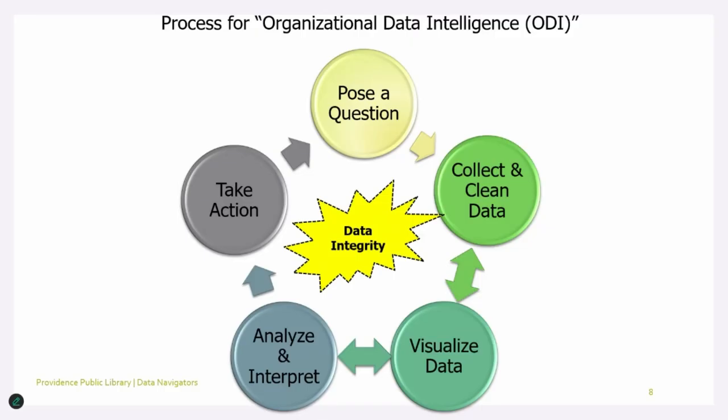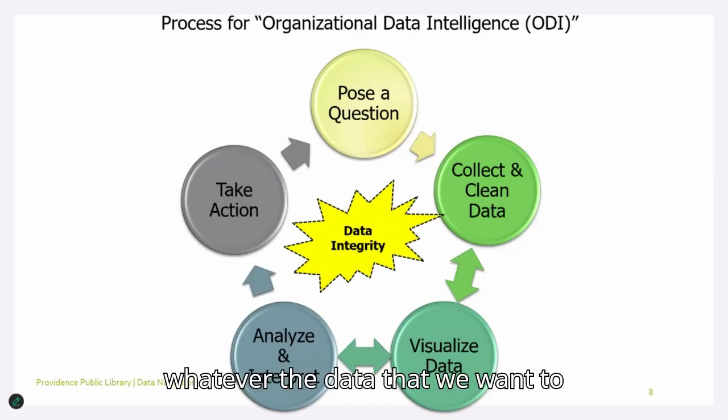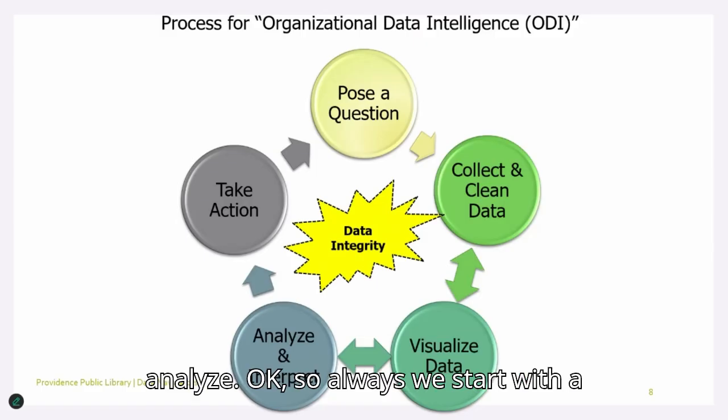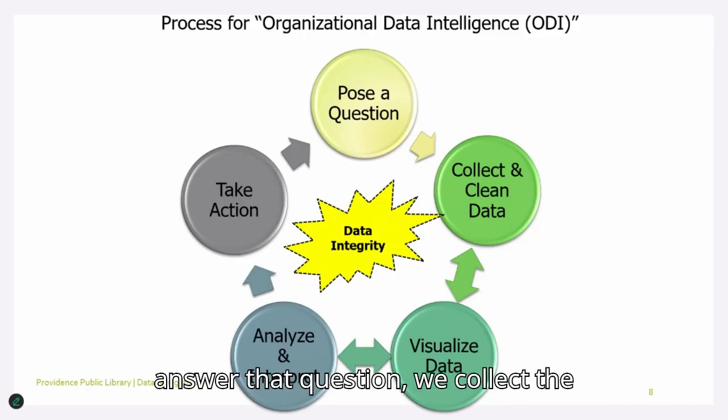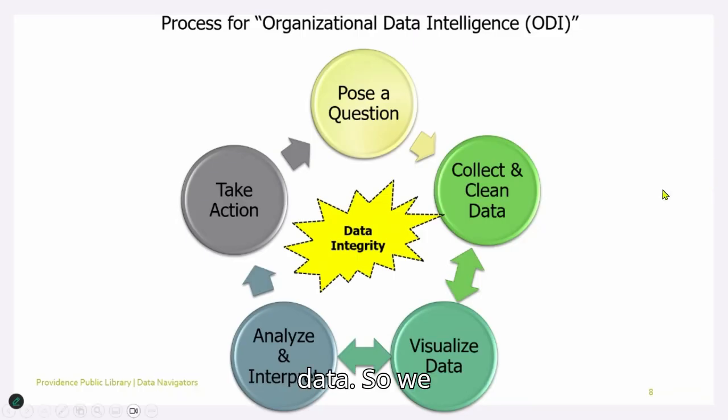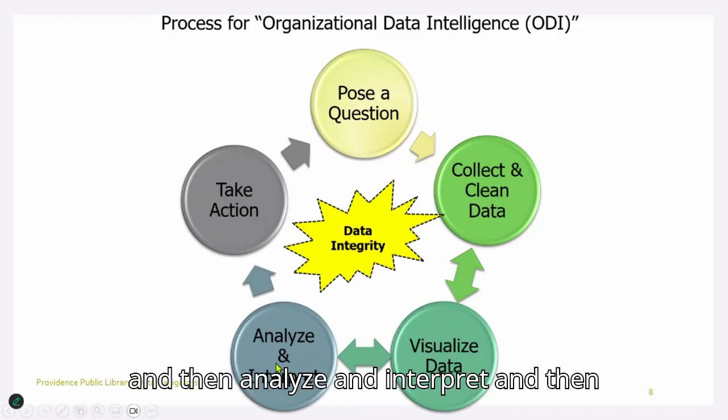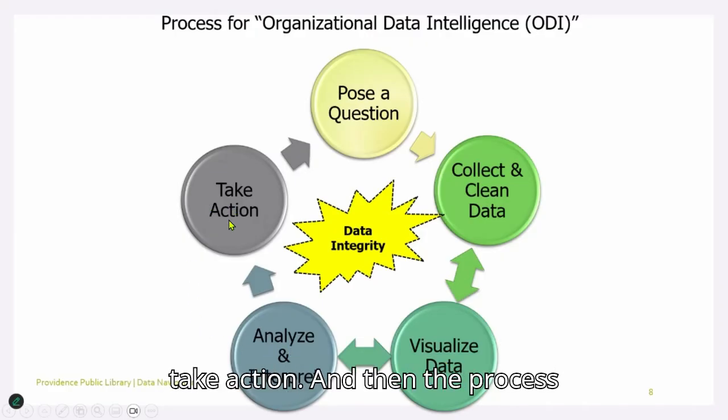So we start with a question, whatever the data that we want to analyze. Always we start with a question. To answer that question, we collect the data. Then we clean the data, visualize the data, analyze and interpret, and then take action.